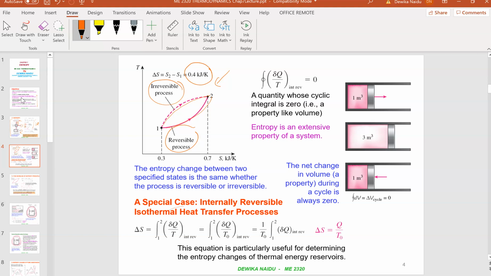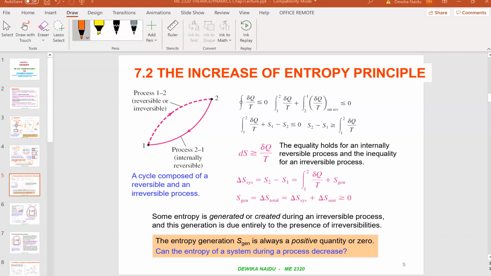So in special cases for isothermal heat transfer processes, this would be the valid formula to calculate the entropy. Now remember, entropy is an extensive property and you can actually look up the entropy from the steam table itself. It's slightly different from enthalpy. So now let's consider a cycle that is made up of two processes.